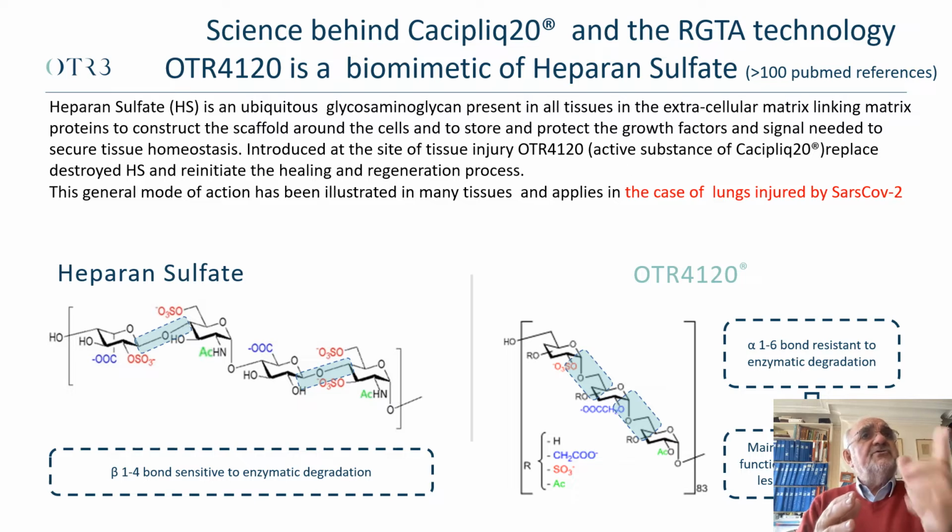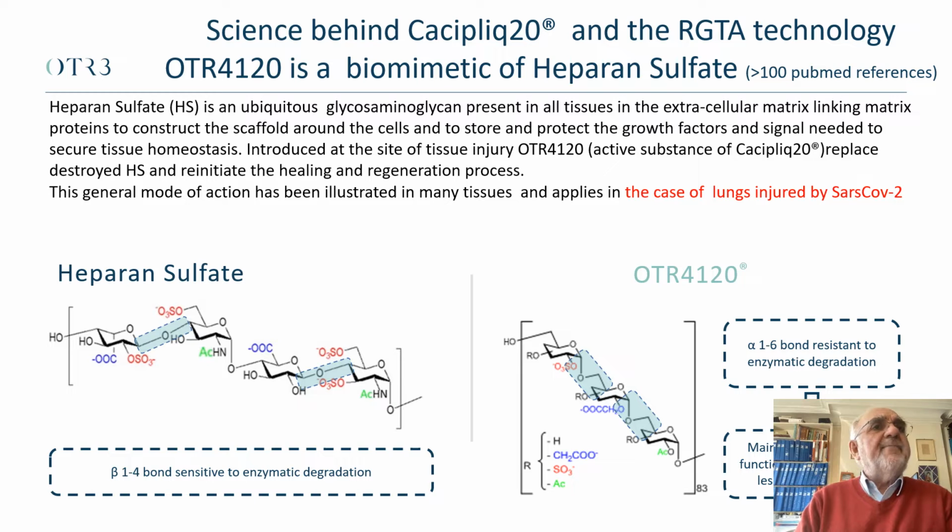And if you introduce this OTR-4120, which is a mimicking molecule of heparan sulfates, it will not do this, because of the heparan sulfate that it mimics, shown in this slide here.